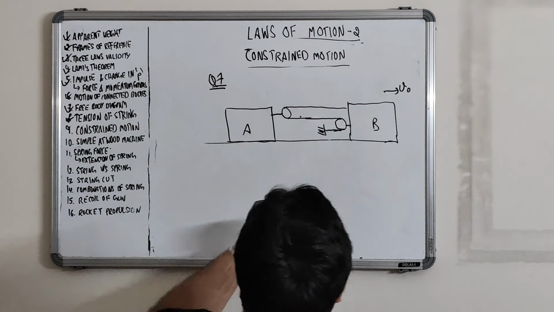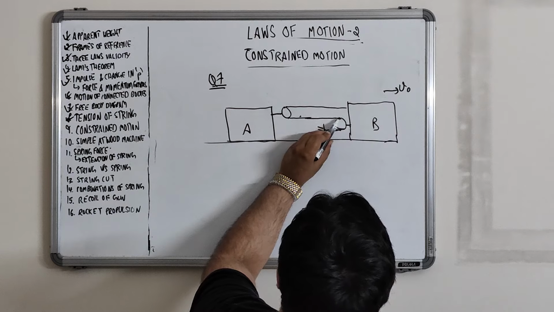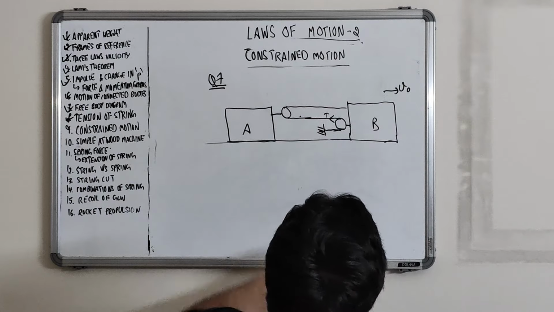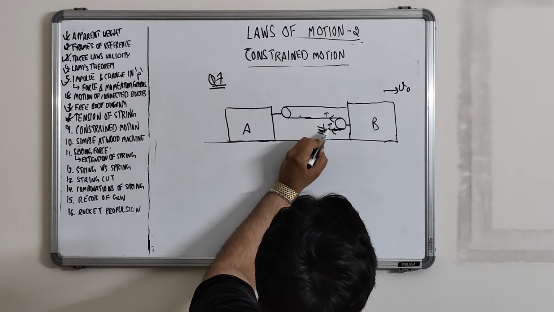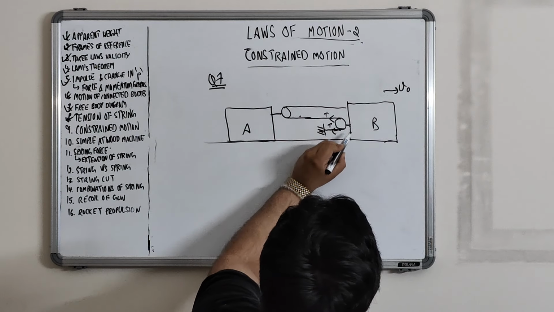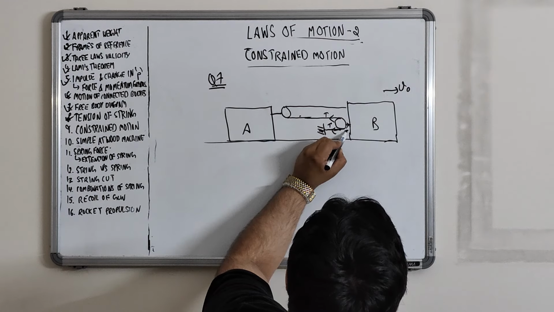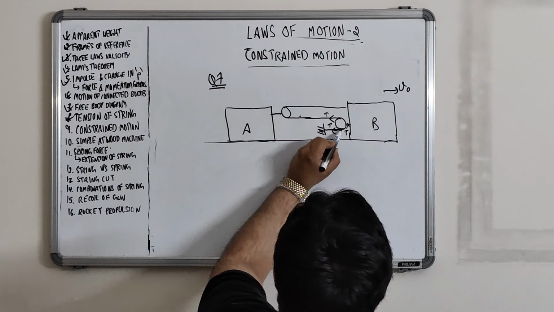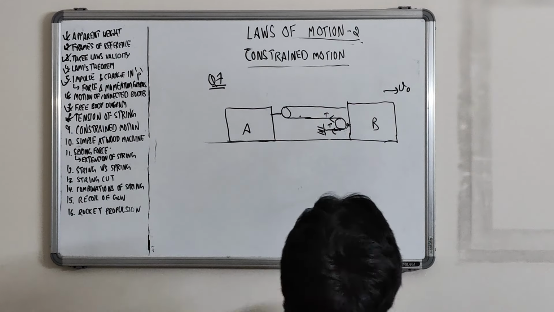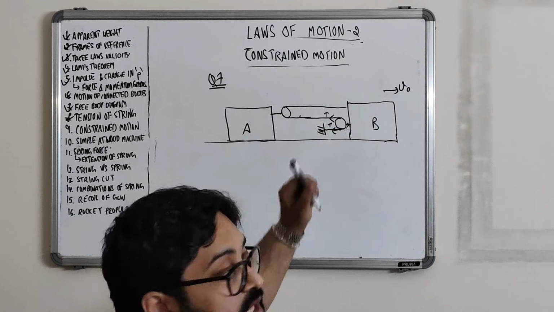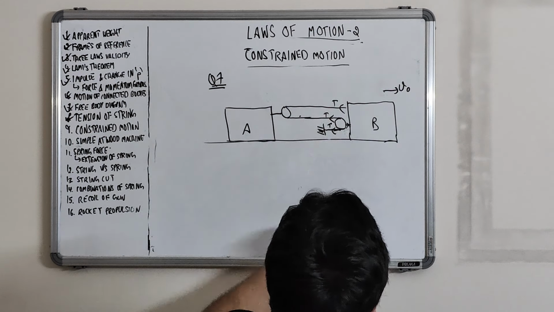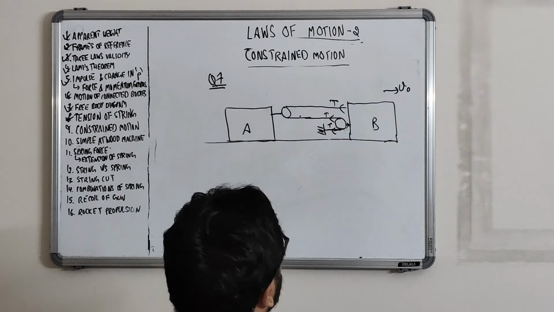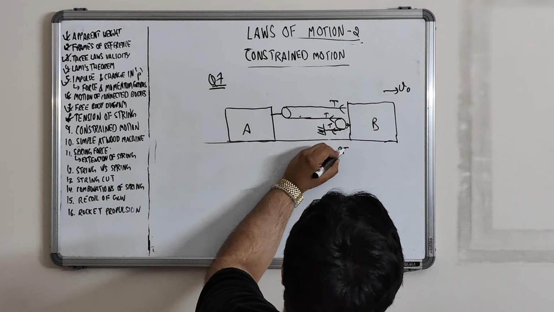Now as the same string is there, tension is T here, this is T, also here T. Therefore there is T here, 2T is here. So this block is experiencing 2T here, and also since it is along the same string, there is another T here, so B is experiencing 3T tension.